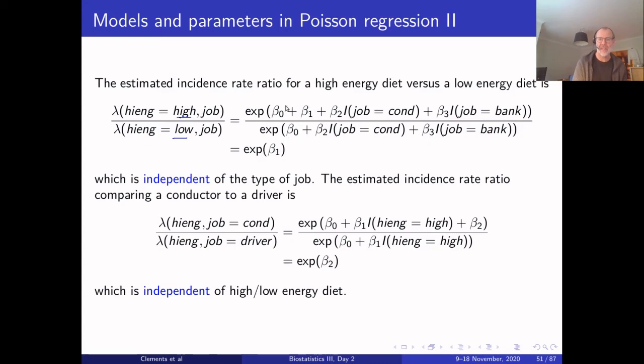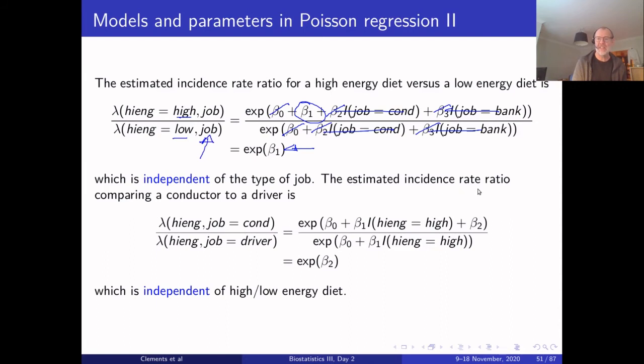And the nice thing here is that the beta naughts cancel out, beta 2 cancels out, beta 3 cancels out, that all cancels out, and we're just left with exponential of beta 1. And the very nice property here is that this is independent of job.